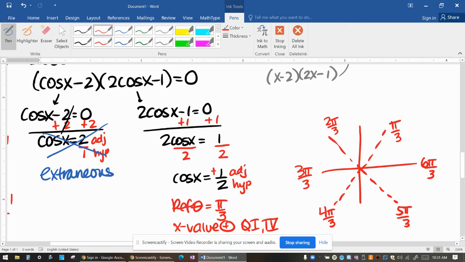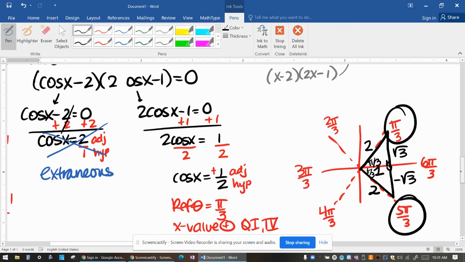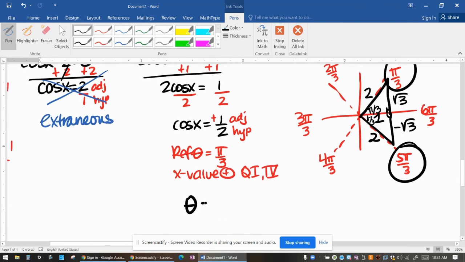Okay, and I only want the ones in quadrant 1 and 4. So that's going to be pi over 3 and 5 pi over 3. So adjacent over hypotenuse for both of these would be 1/2. So theta equals pi over 3 and 5 pi over 3.